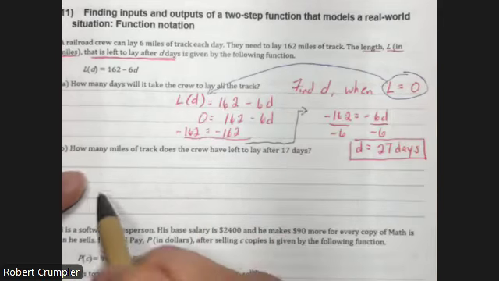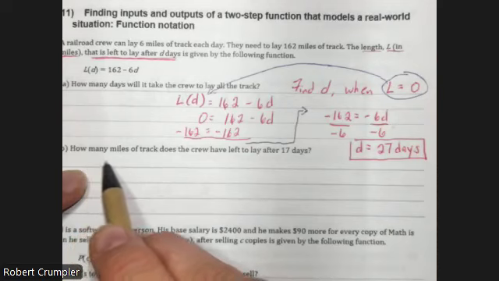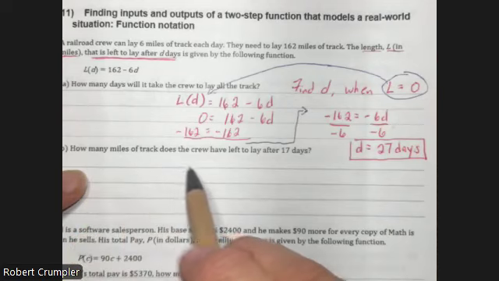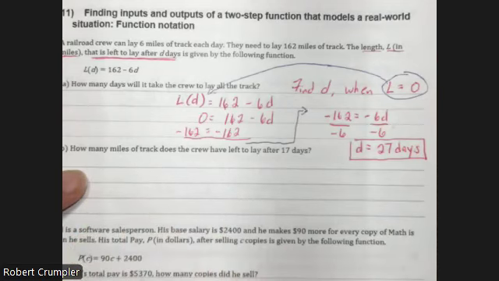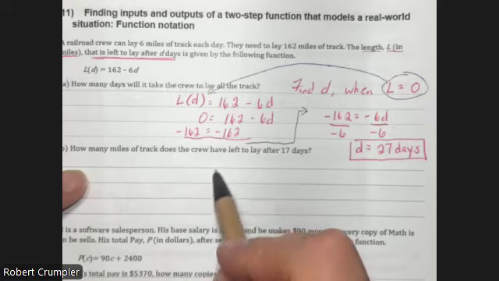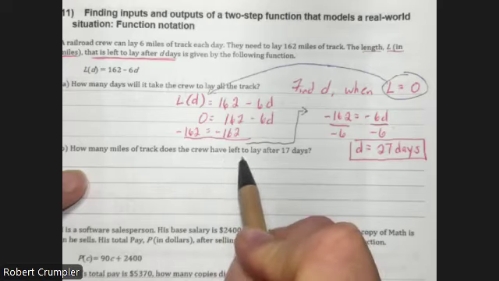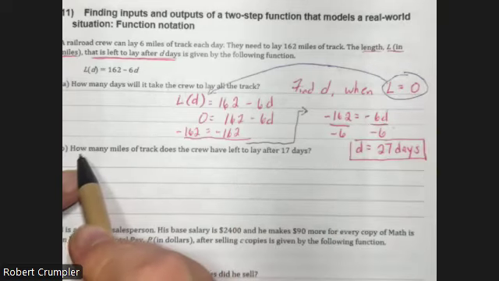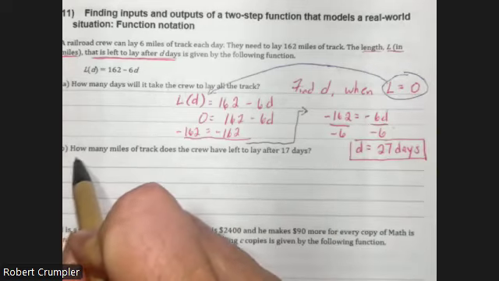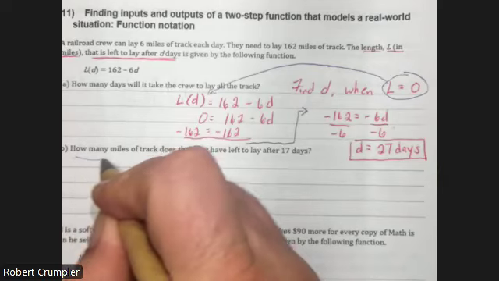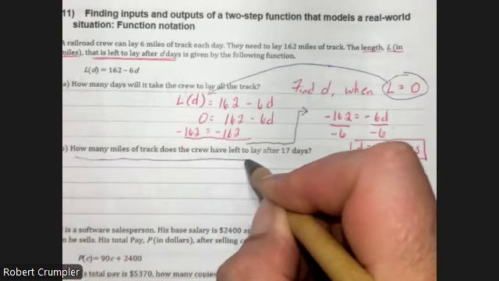Now in part B, we're asked to find how many miles of track the crew has left to lay after 17 days. The track that's left to lay is your L, and that's what we're looking to find. So how many miles does the crew have left to lay?